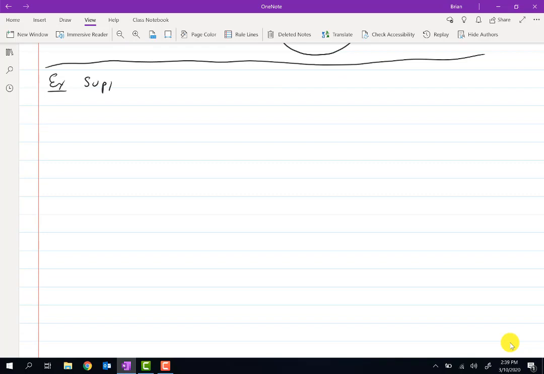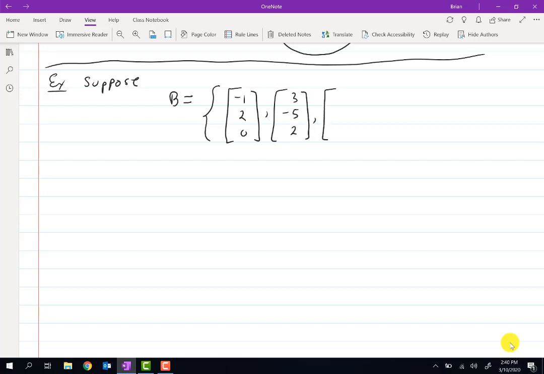Suppose on this basis, suppose my vector with respect to the basis is given by the following coordinates: -4, 8, -7.